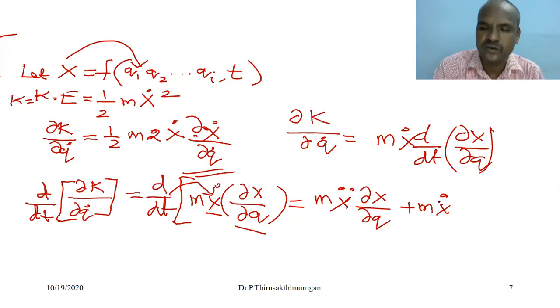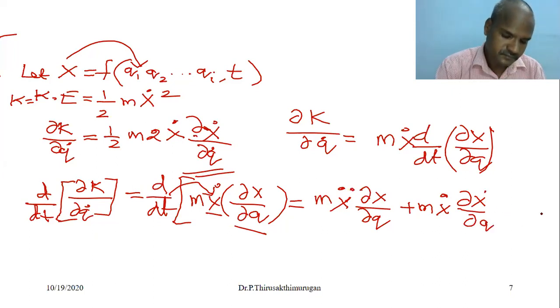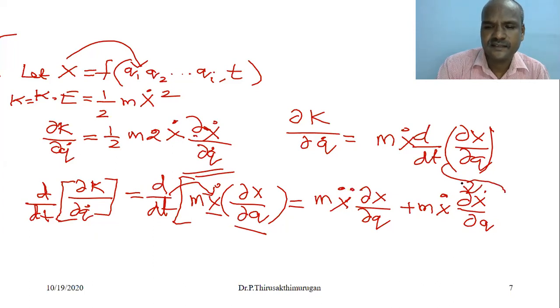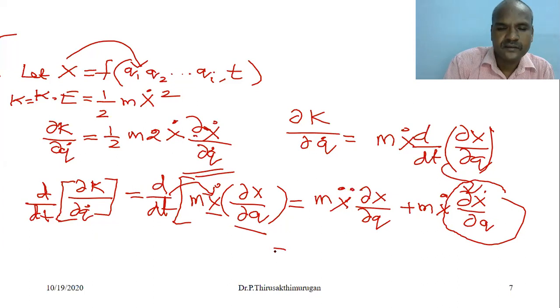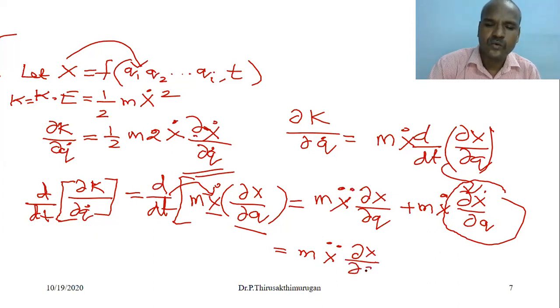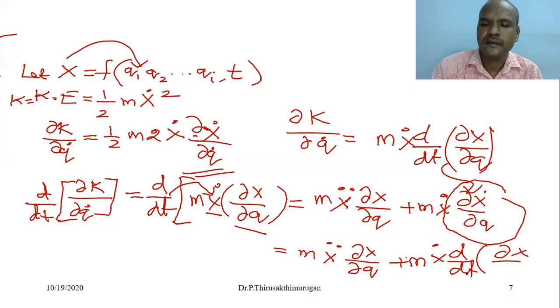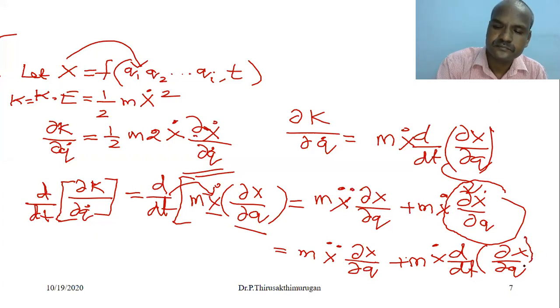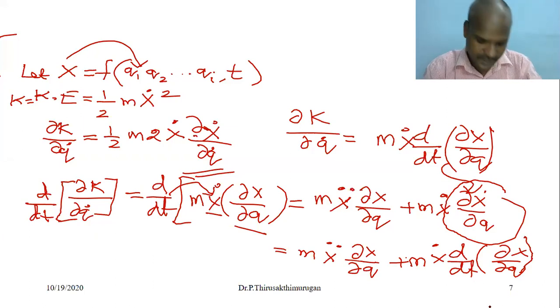So we can write this as m x double dot dou x by dou q plus m x dot d by dt of dou x by dou q.